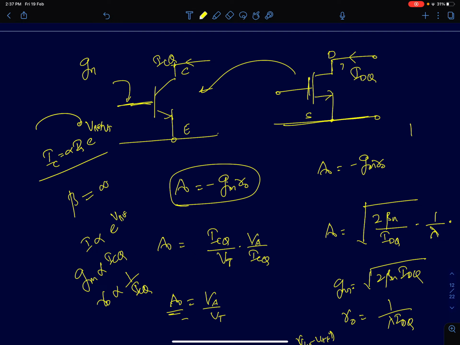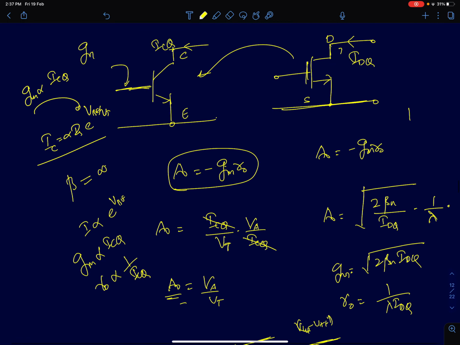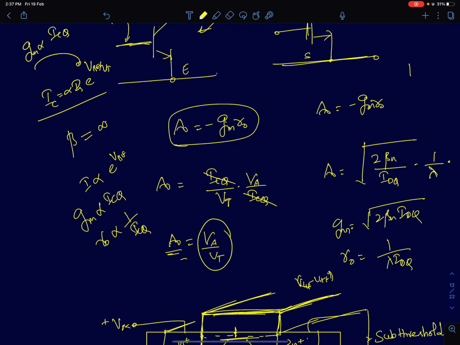Therefore, the transconductance is proportional to the quiescent collector current itself. Transconductance is ICQ by VT, which comes from the exponential characteristics, multiplied by R0, which is VA by ICQ. So the product is independent of the collector current. It only depends upon the ratio of VA by VT.